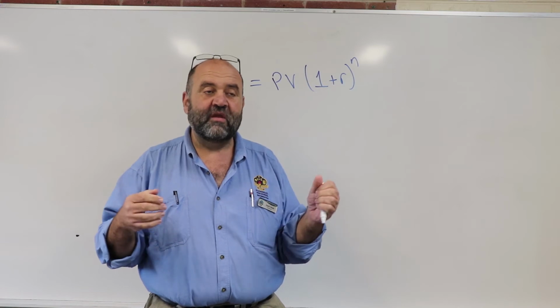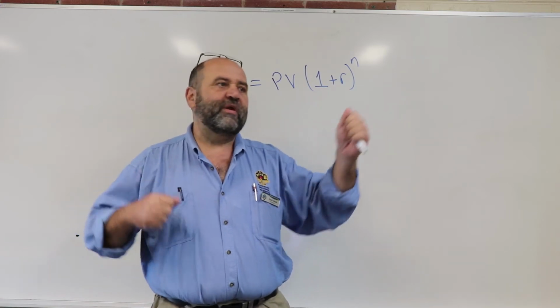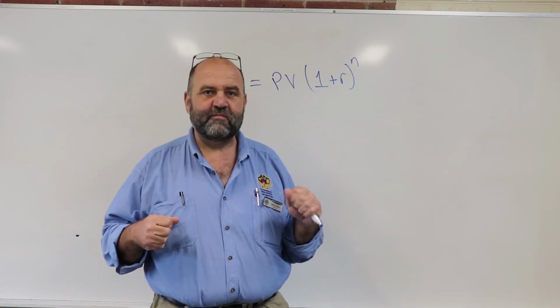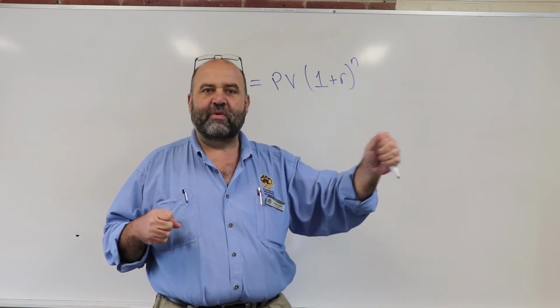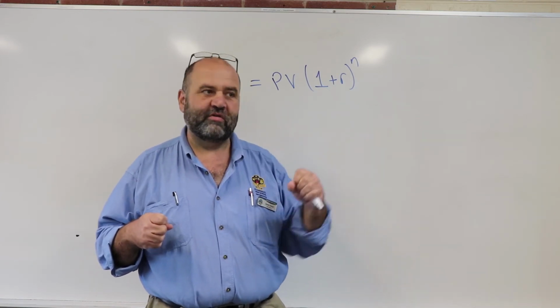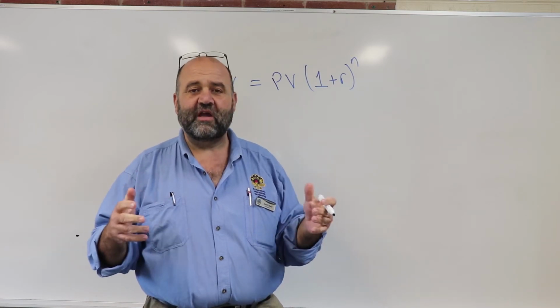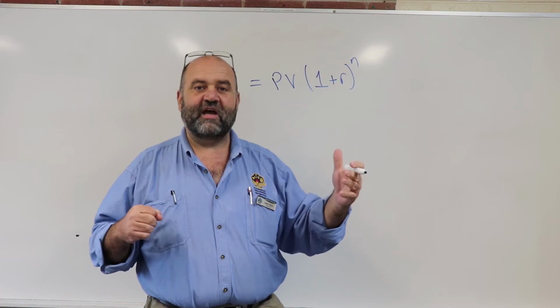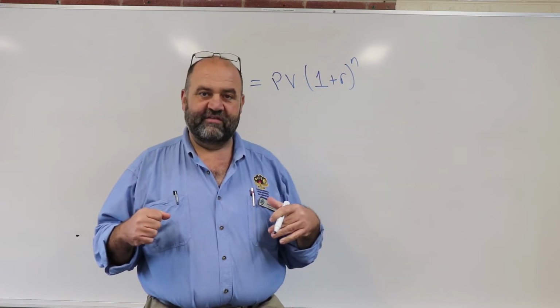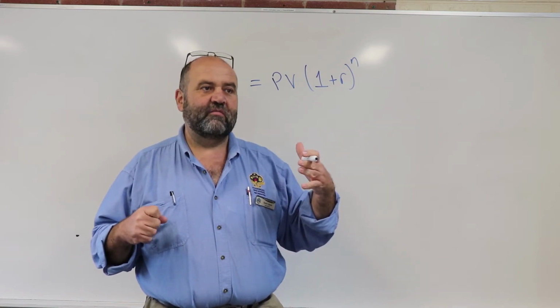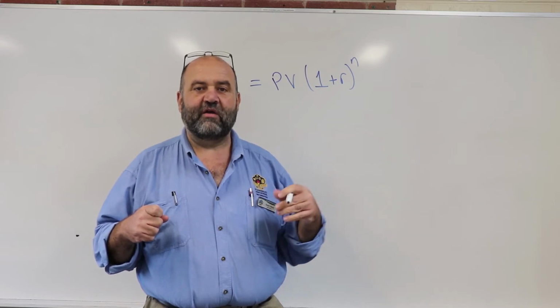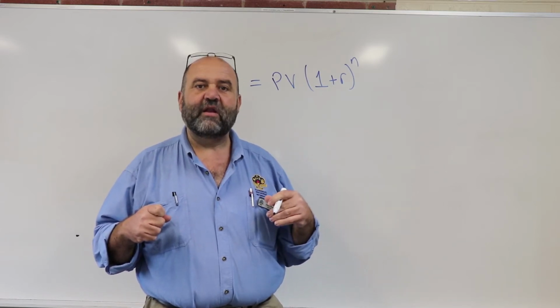So instead of saying Bob invests $5,000 at this percent, compounding quarterly for this many years, they now say Bob buys a vintage car for $20,000. It appreciates at a rate of 6% per annum.